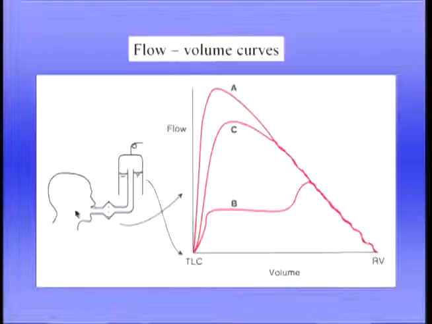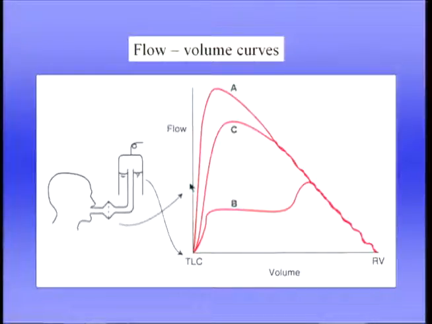In fact, it's only recently been fully worked out, but it's desperately important, and so I'm going to spend some time on it. Now suppose we have a subject here who is breathing into a spirometer, as we can see, and we're measuring the volume from the spirometer, and we're also measuring the flow from the flow rate.